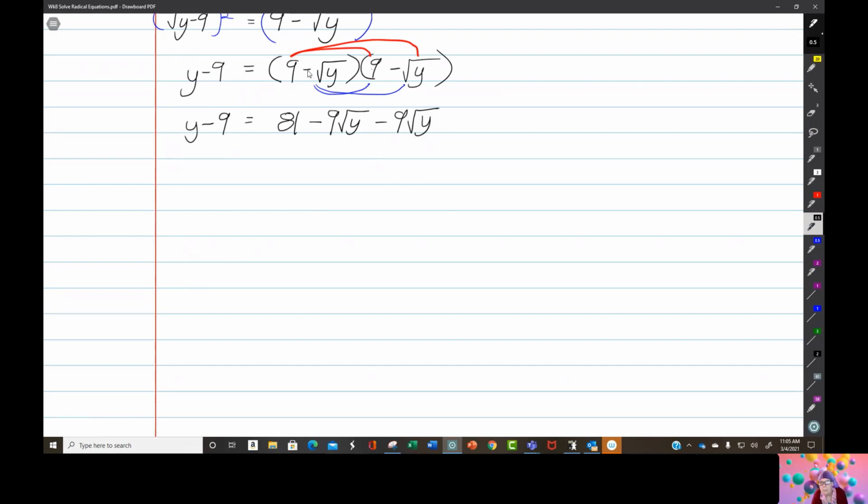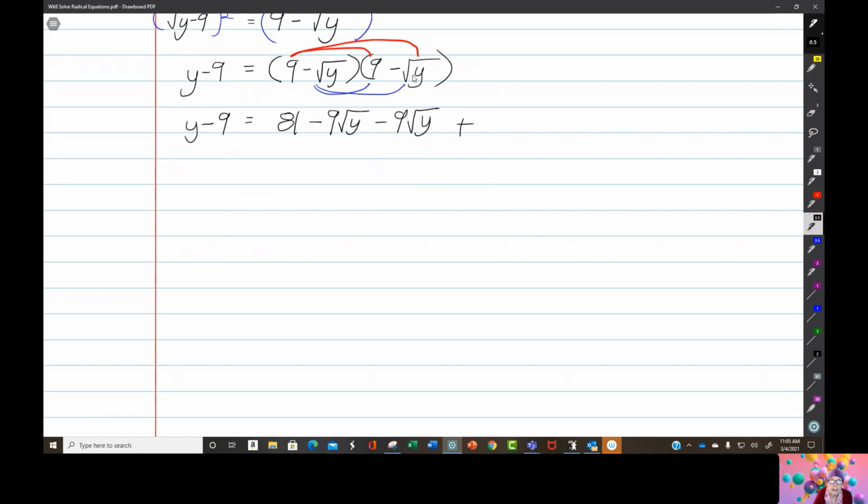And then we have a minus the square root of y times a minus the square root of y. Since minus times minus is plus, or negative times negative is positive, we're going to have a plus sign.